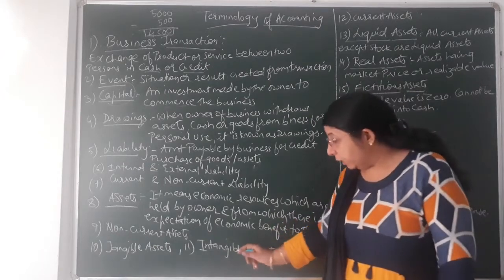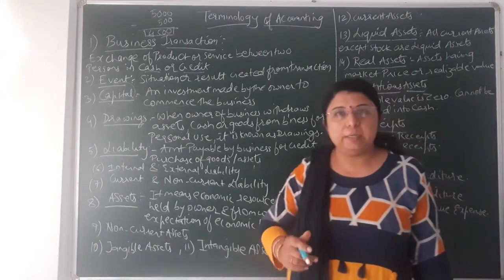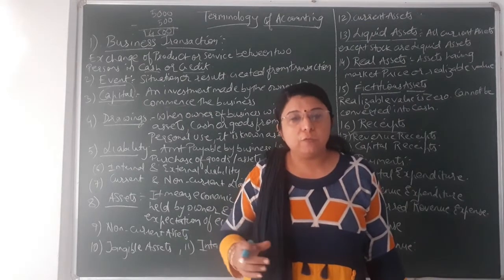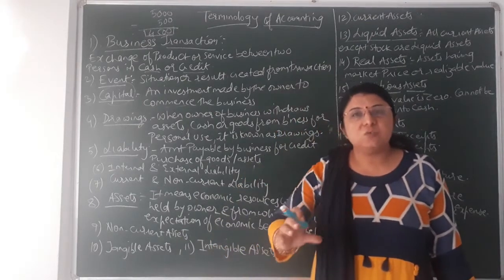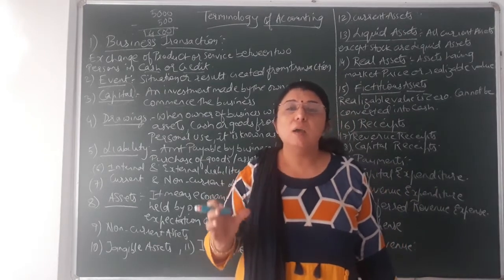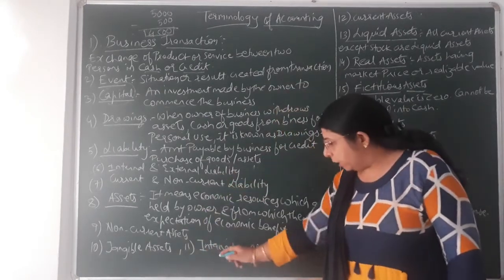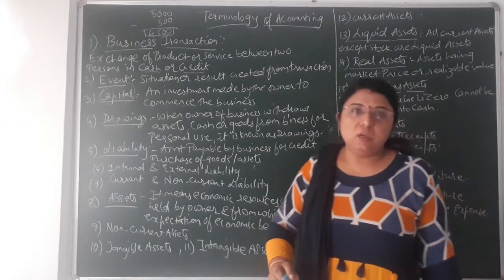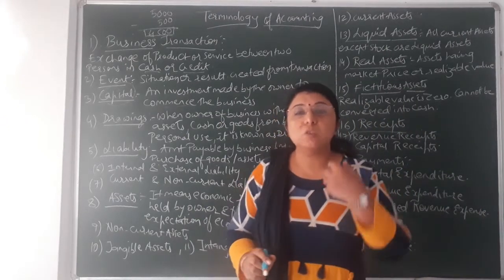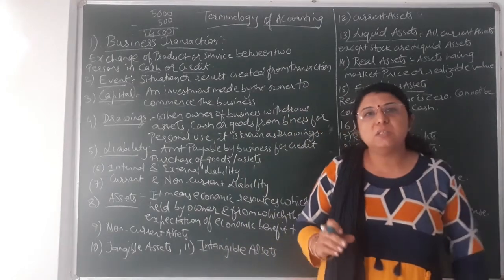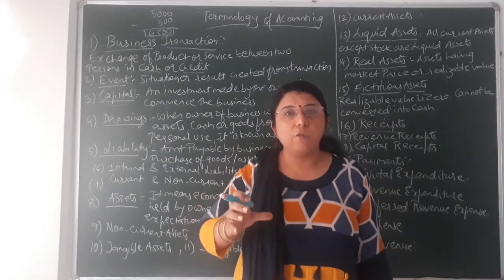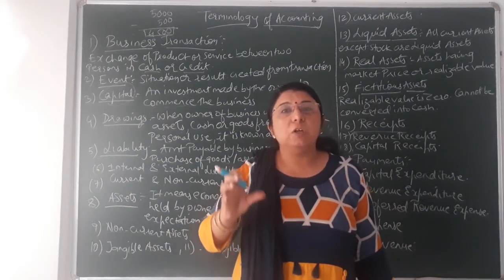But in case of intangible assets, suppose patent, copyright, trademark, goodwill of the firm, these are assets which we cannot see or touch, but their value is marked in the business. So those are called intangible assets. Now the terminology that I have used, that is patent, copyright, trademark. Now what is a patent? Patent means the authorized right of that particular firm to sell any particular product.